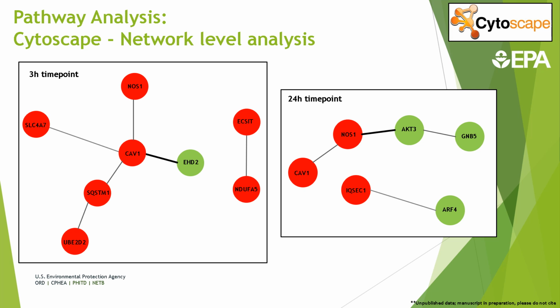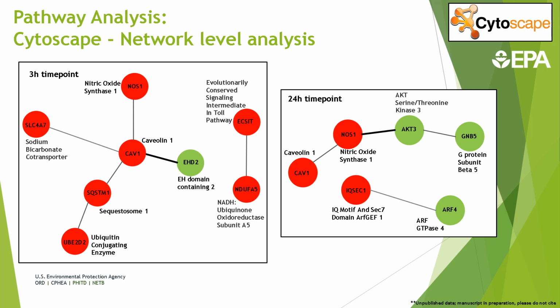We examined our data set within Cytoscape to begin to understand the network level effects following our exposure in vivo. Each network is shown at a given time point, only including the molecules that generated this network structure, with downregulated molecules shown in green and upregulated in red.